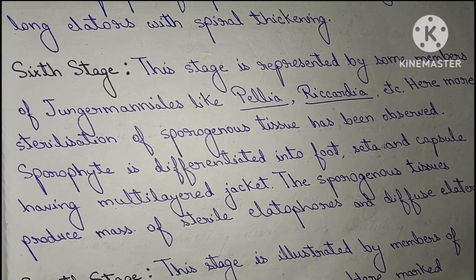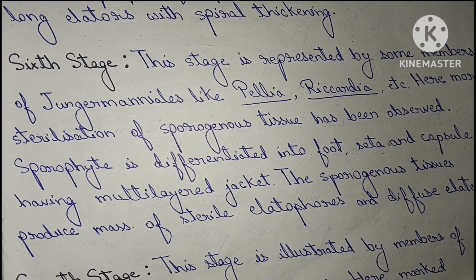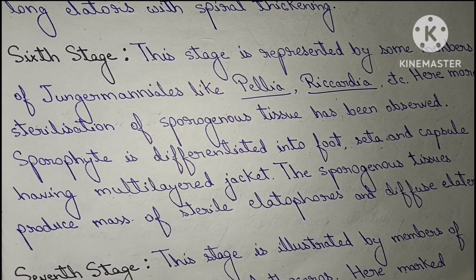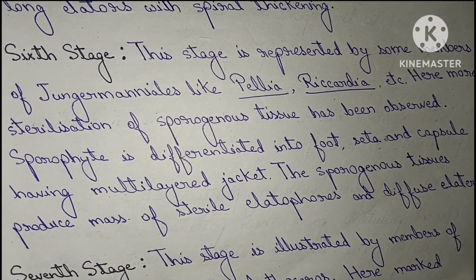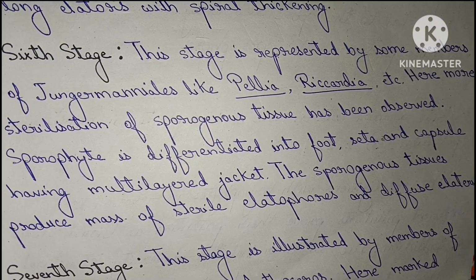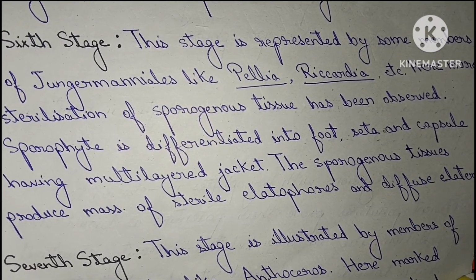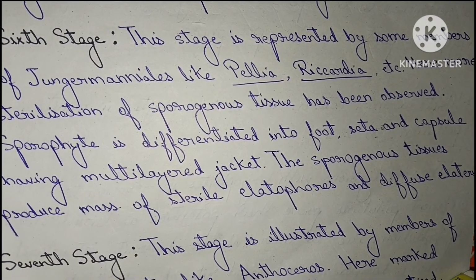Sixth stage. This stage is represented by some members of younger marchantiales like Pellia, Riccardia, etc. Here, more sterilization of sporogenous tissue has been observed. Sporophyte is differentiated into foot, seta and capsule, having multi-layered jacket. Sporogenous tissues produce mass of sterile elaterophores and diffuse elaters.